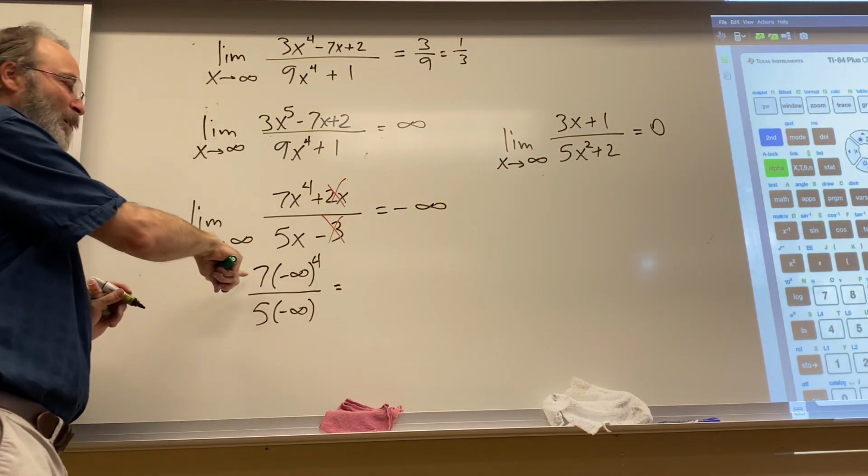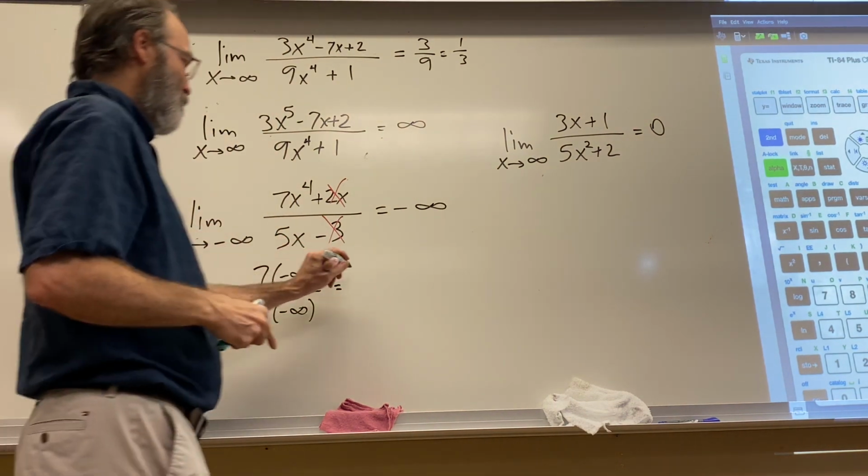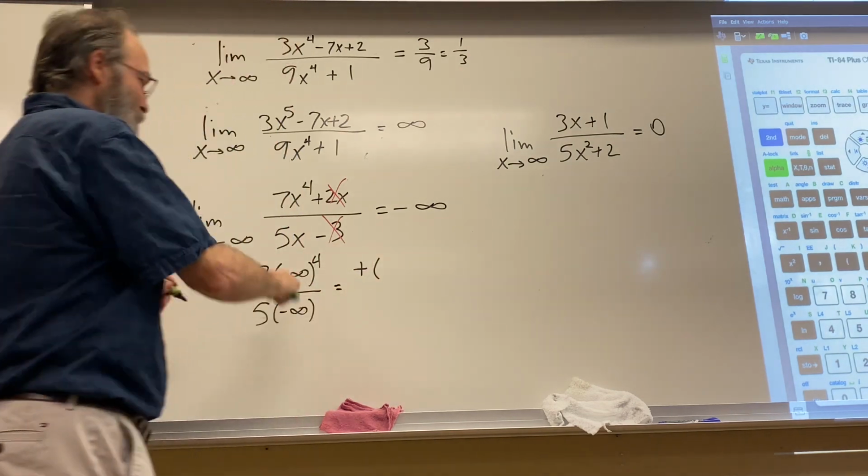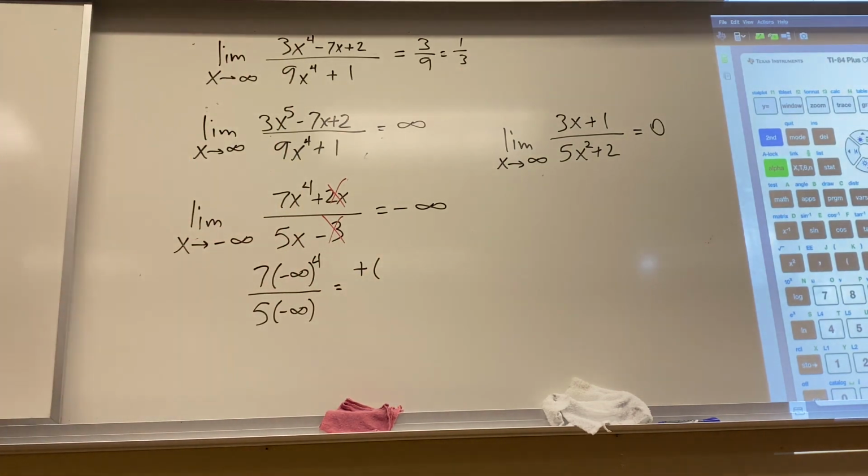Okay, so 7, is that positive or negative? Positive. Negative infinity to the 4th, so it's raised to the 4th power. This thing's negative. Anytime we raise something to an even power, it's going to be positive no matter what it started as.